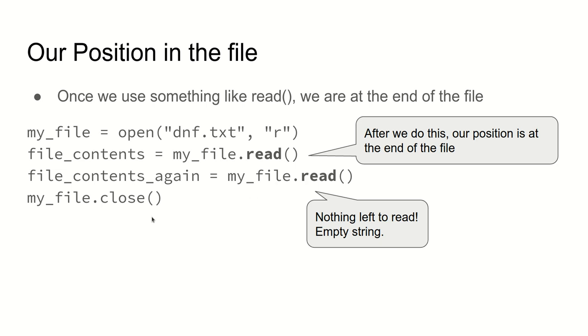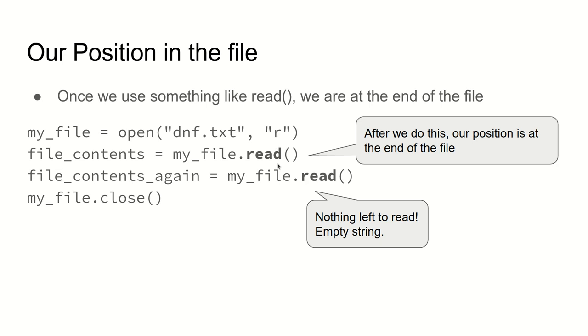It can be especially tricky if we ask to read more than once. For instance, here we open the file, we get the file's contents, and by doing myfile.read, once we do that, our position will be the end of the file. And you may remember that my description of read was very specific.